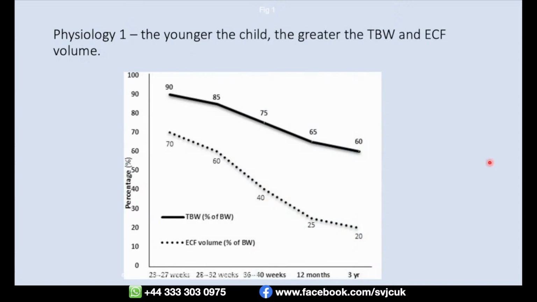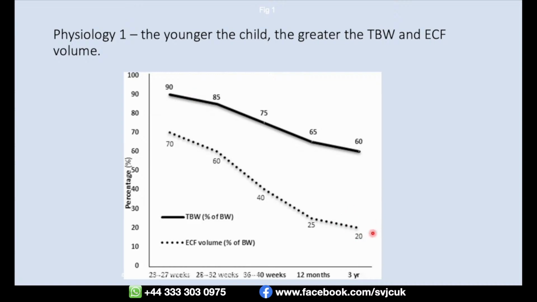So starting with physiology, the first principle to remember is that the younger the child, the greater the total body water and extracellular fluid volume. We can see here, going back from 3 years old, approximately at the adult value, a 3-year-old is 60% water, but a term neonate is about 75% water, and a very preterm neonate about 90% water, so they're just little bags of fluid really.